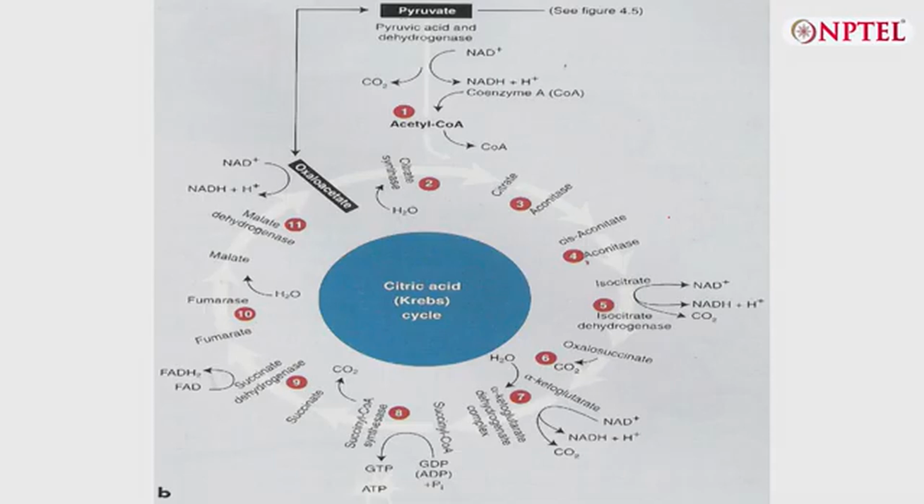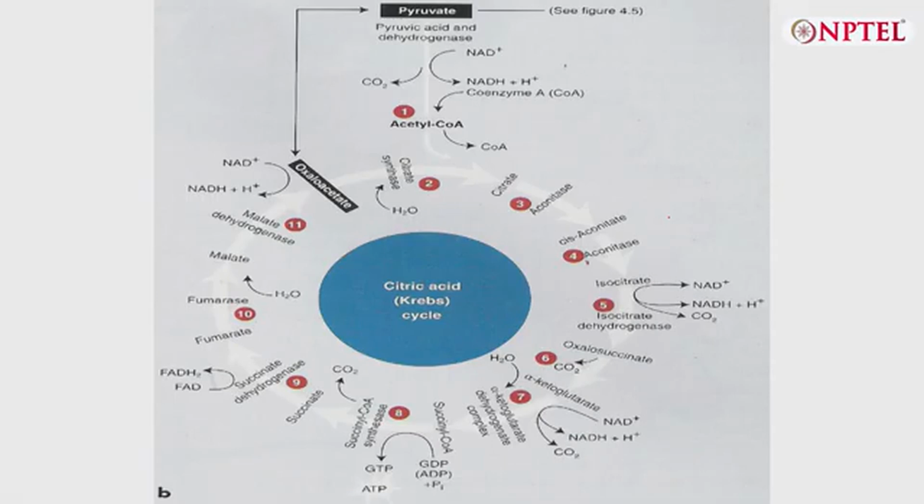Then oxaloacetate comes from the TCA cycle. Oxaloacetate and acetyl CoA, when mixed together, form citrate. Then citrate is converted to isocitrate, then alpha ketoglutarate, then succinyl CoA, then succinate, fumarate, malate, and then converted to oxaloacetate.